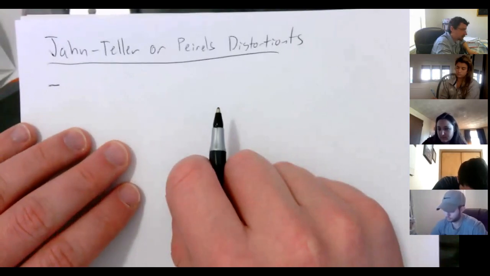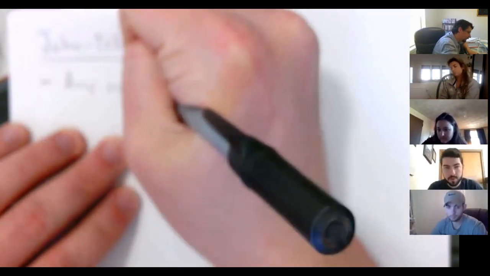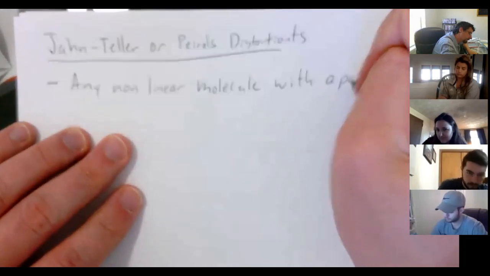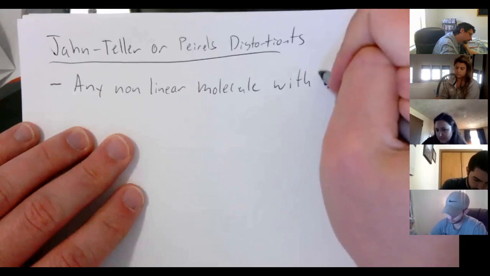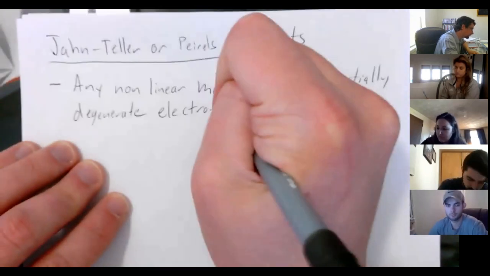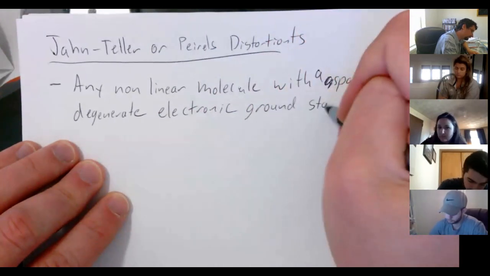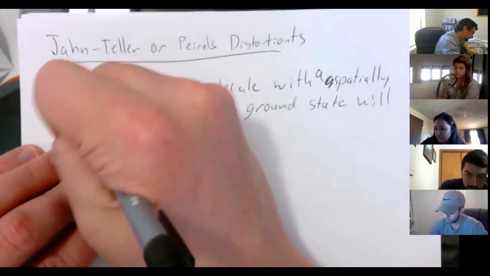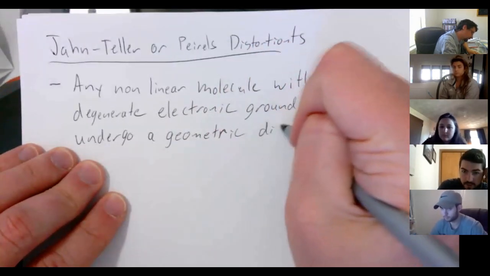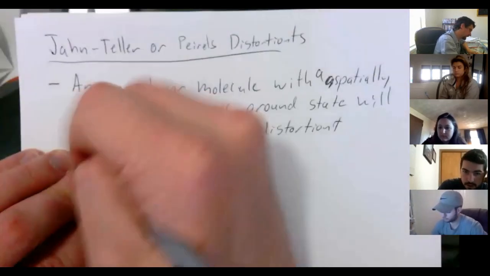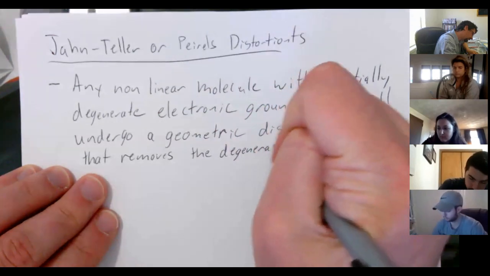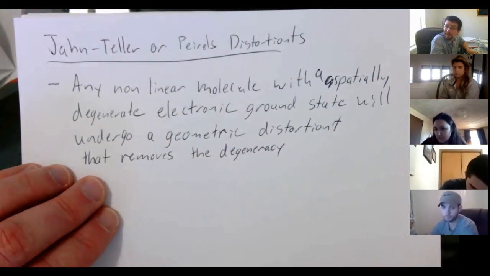What happens in a Jahn-Teller distortion is any nonlinear molecule with a spatially degenerate electronic ground state will undergo a geometric distortion that removes the degeneracy. Let's translate this into usable English.